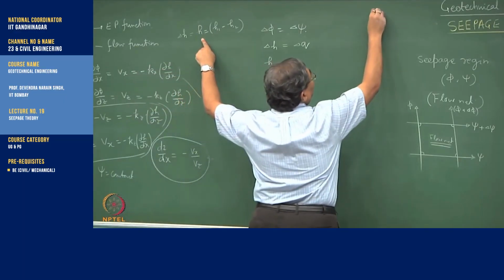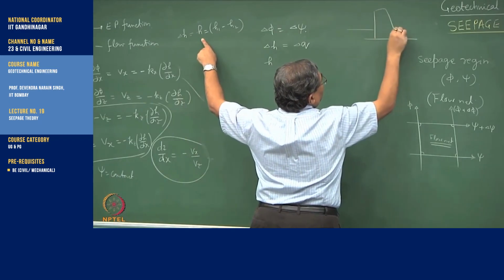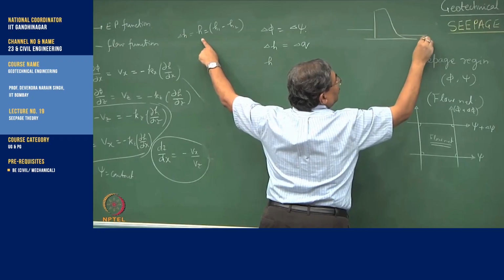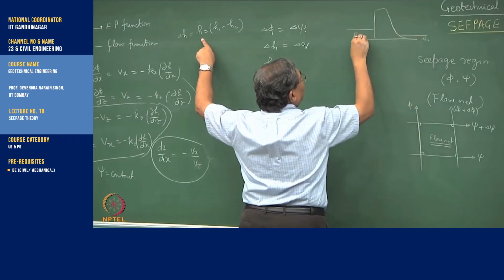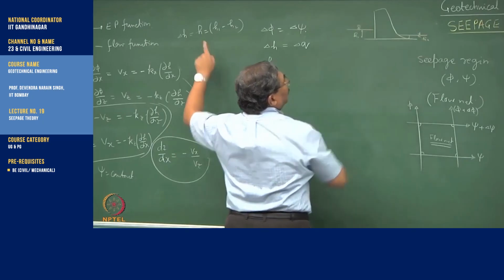A quick review of the discussion which we had earlier. If this is the body of the dam, this is H 2, this is H 1, head downstream, upstream.